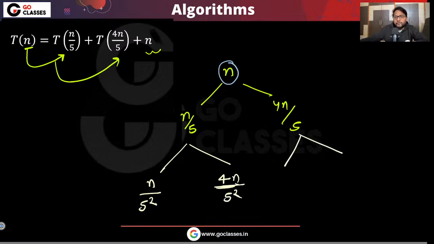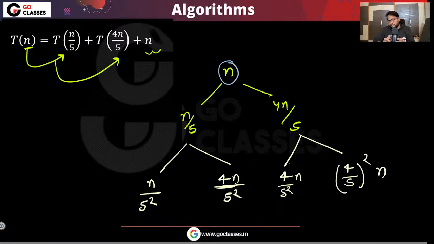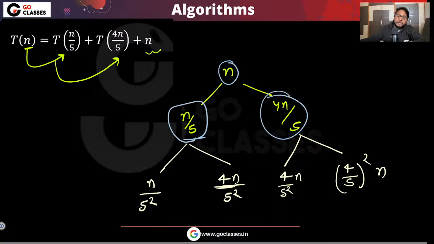Is this okay to everyone? Let me know. I'm saying that this particular n has been divided into two parts, and further I'm dividing each of them into two parts. That's why I'm getting this.